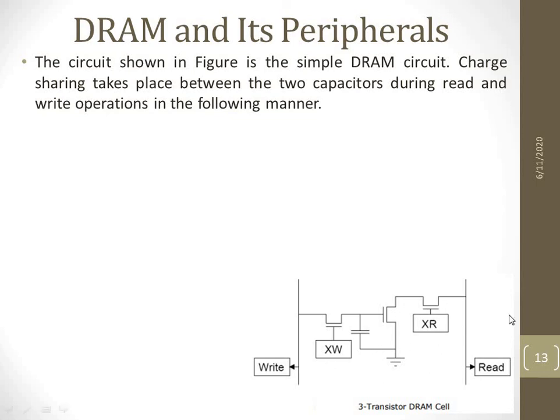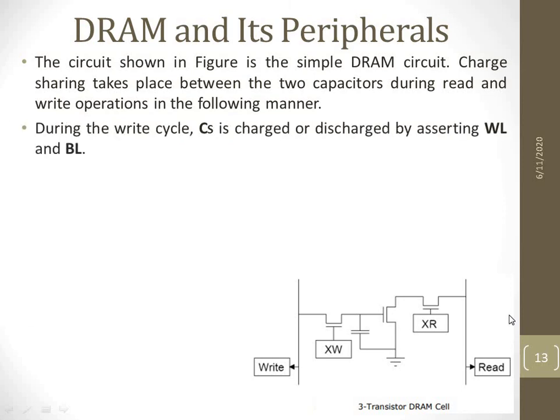The charge sharing takes place between the two capacitors during read and write operations in the following manner. During the write cycle, the CS capacitor here is charged or discharged by asserting the word line and bit line.